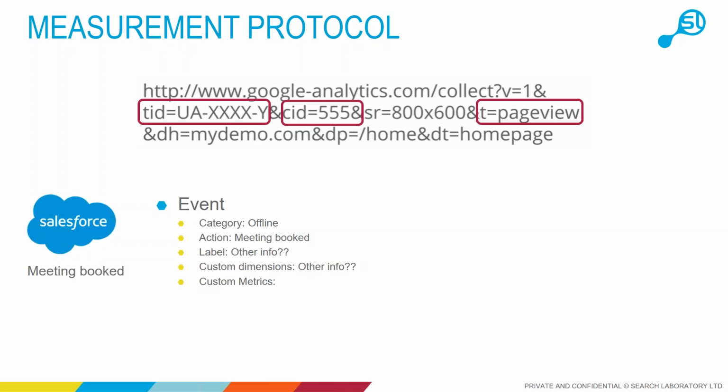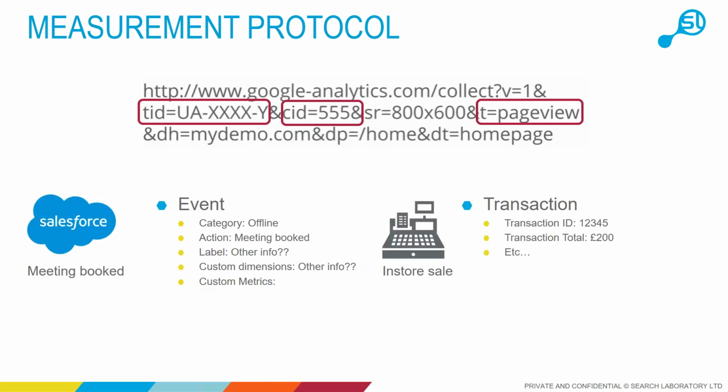I've put there custom dimensions and custom metrics. If there's metadata or parameters around that meeting booking you wanted to track, you could implement other advanced features such as these custom dimensions to track that information and see that within your analytics account.